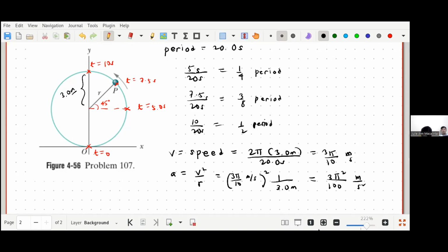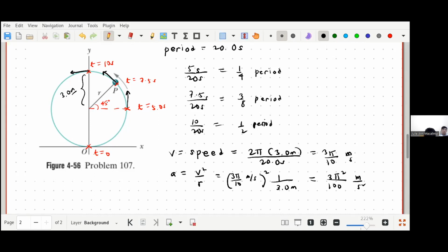And then after that, kung gusto namin makuha yung mga velocities, so for example, velocity at t equals 5. So kaya nating mahanap ito. At ito, yung velocity at t equals 7.5. Hindi tinanong, no? Pero it can also be found.